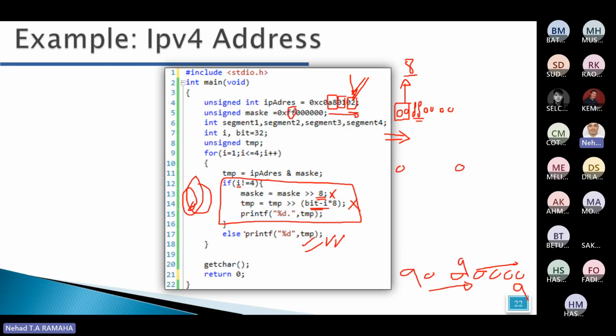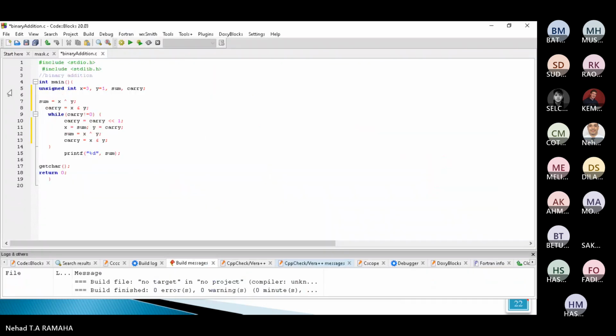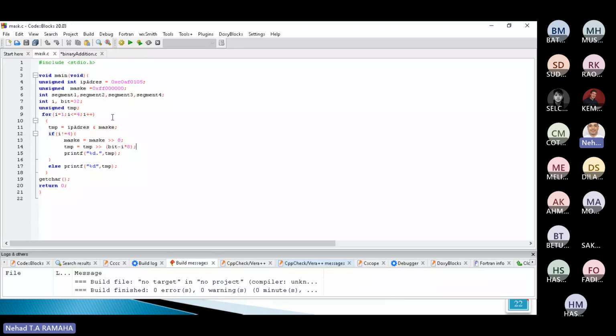Okay, so here, after we print each segment, we put dot to make it like this, 129.10, for example, dot 5 dot blah. Okay, we can run it here. This is the program. We have the IP address. We have the mask for the first time.